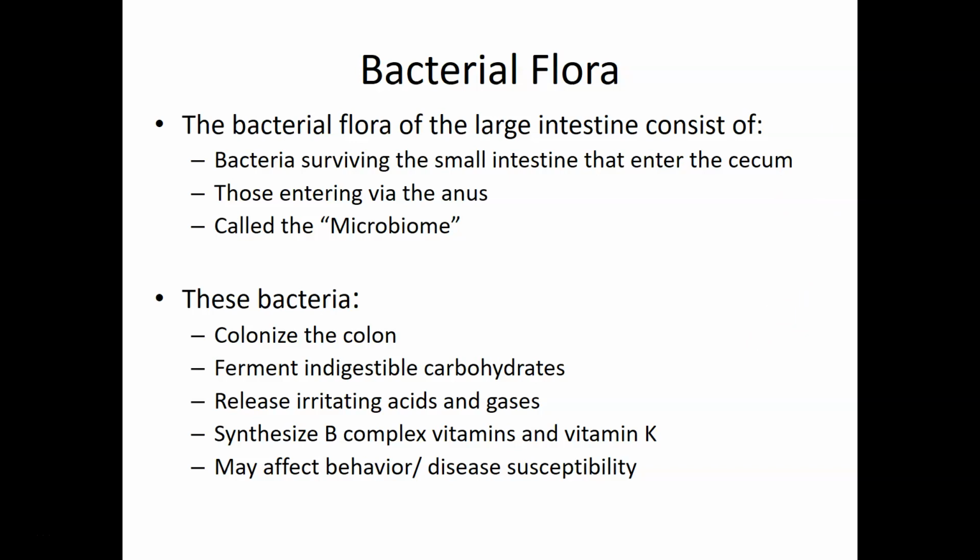Some bacterial species do produce irritating acids and gases that can be particularly odorous, sulfur gases, for example. Some of them are capable of making certain vitamins, B complex and vitamin K, and we would absorb those through the wall of the large intestine.